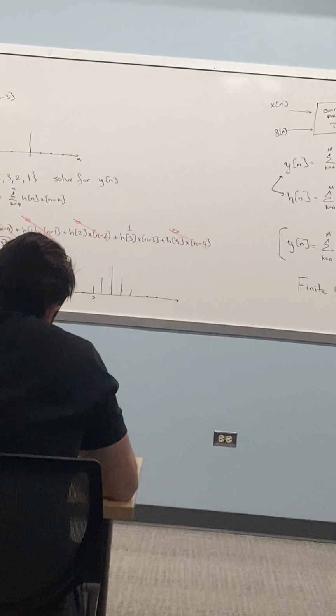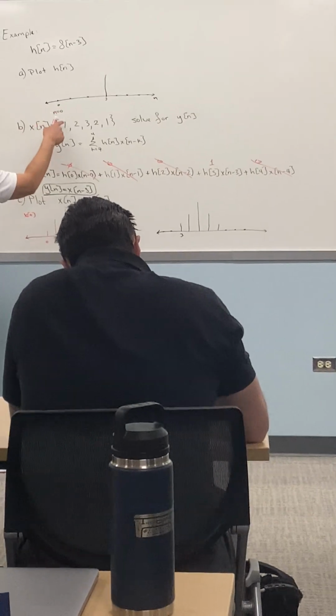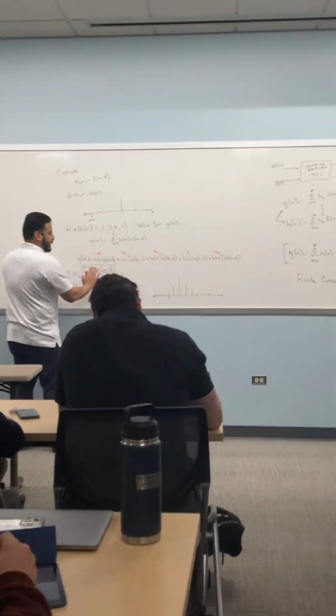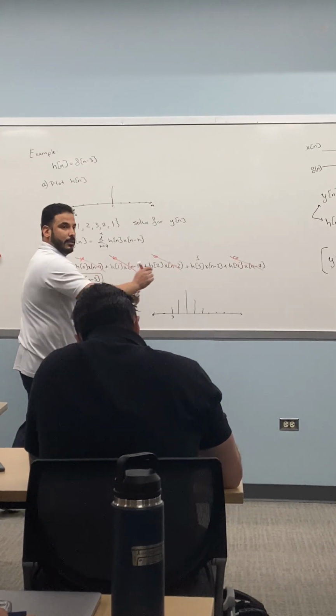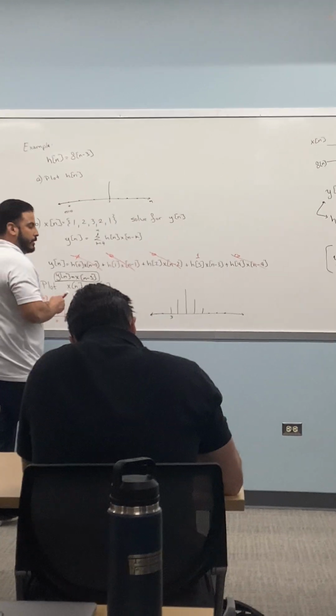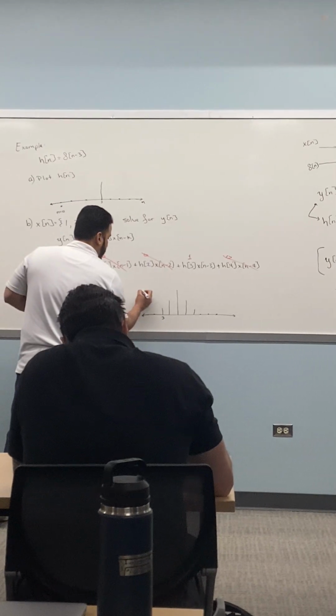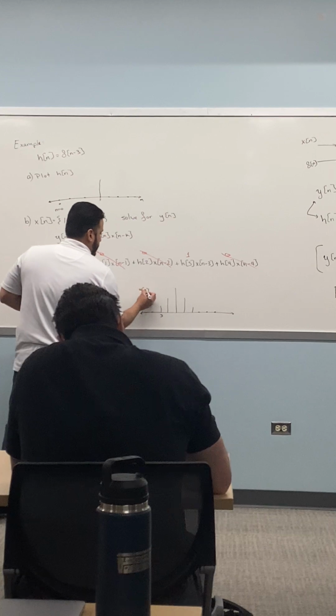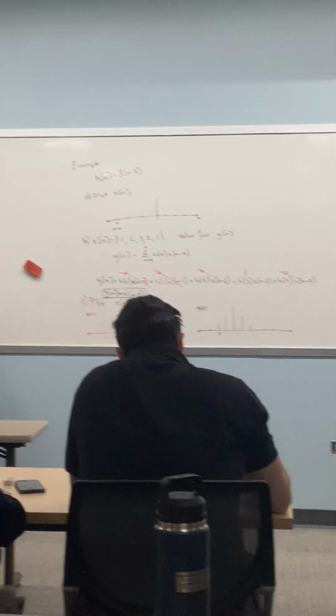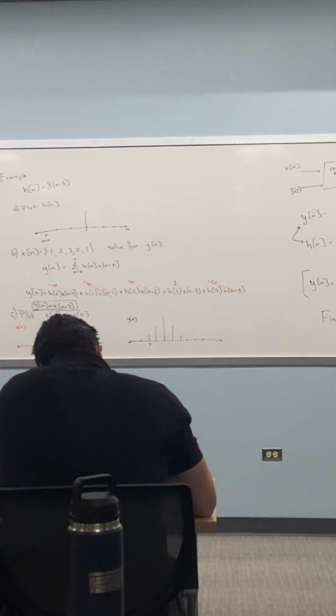So that's x of n, the one on the left, and y. As I said, x of n starts at n equals 0, and our y of n is that same x of n, but just shifted to the right by 3. This is actually a very important property, and it'll come back to bite you.